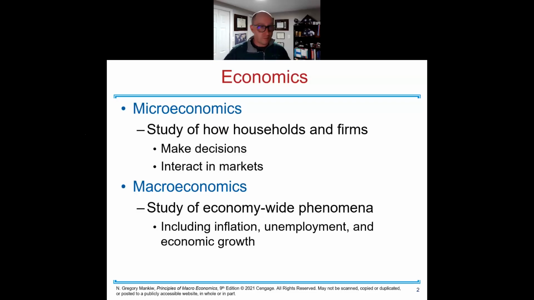So the word macro means big, right? The macro, the big scale, okay? Think the country is macro. Micro, as the name implies, micro means minute, small. Micro, we examine individual markets, individual companies, individual households. That's Econ 202. So if you haven't taken that course already, that's what that course is about. This course, Econ 201, focuses on the macro.